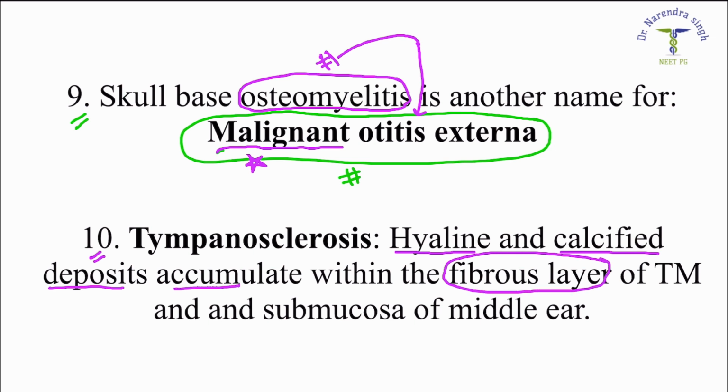We know that there are 3 layers of the tympanic membrane, out of which it accumulates in the fibrous layer of the TM and the submucosa of the middle ear. So mainly the fibrous layer of the tympanic membrane is affected, with deposition of hyaline and calcified deposits.